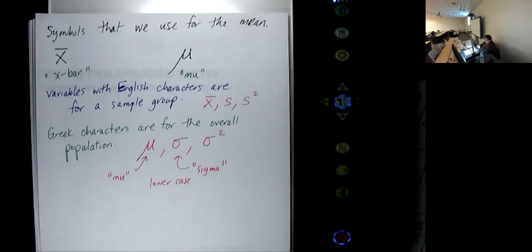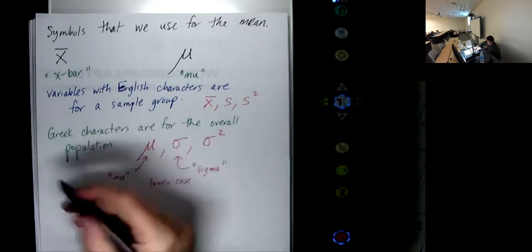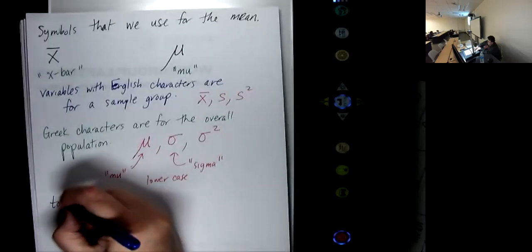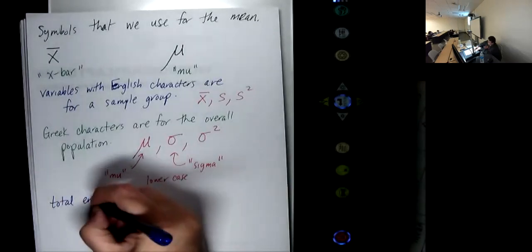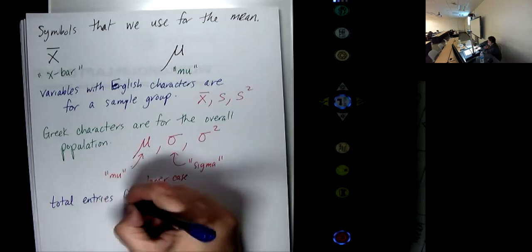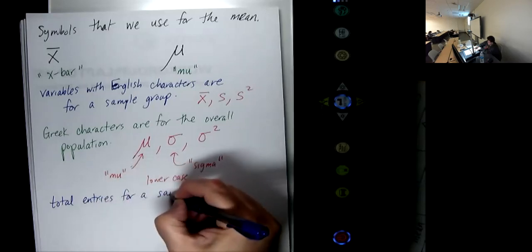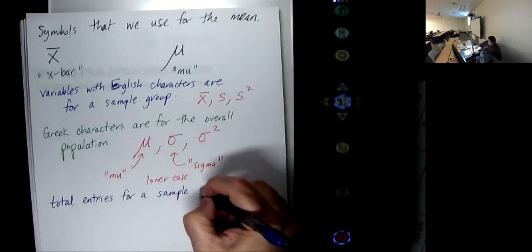And when we said add up everything and divide by the total number of entries, when we're talking about it in statistics, the total entries for a sample we give the lowercase n.